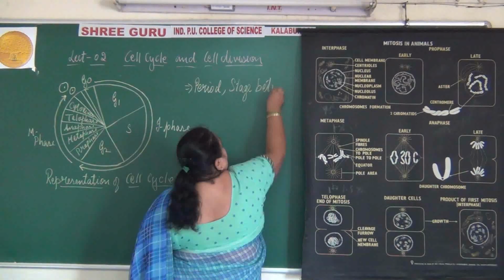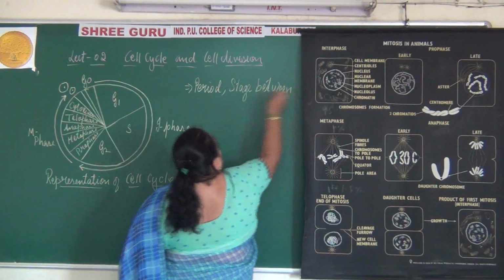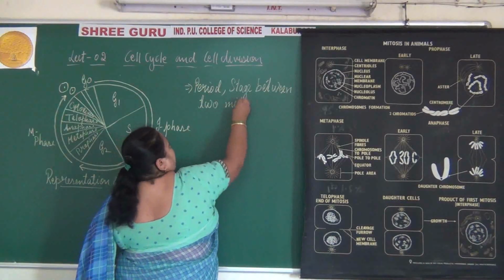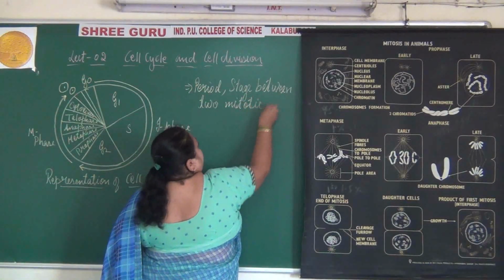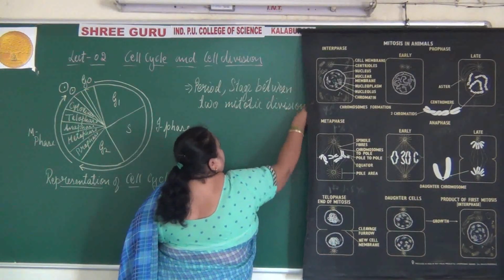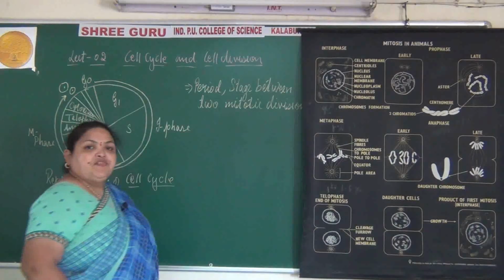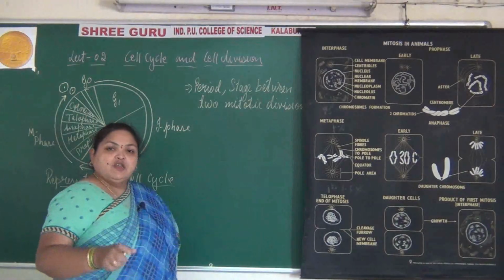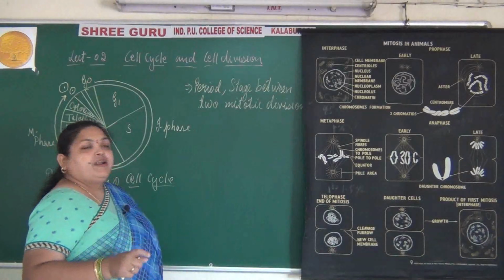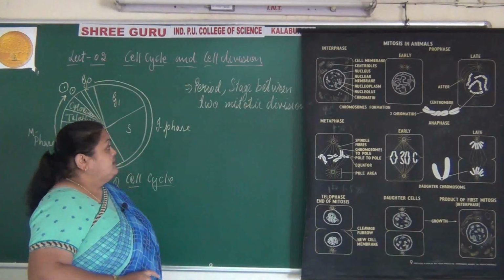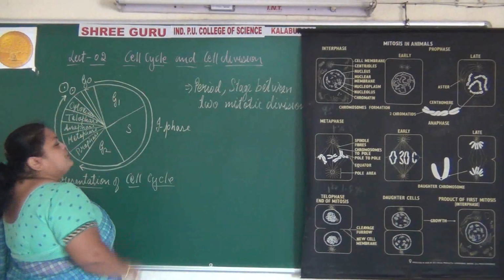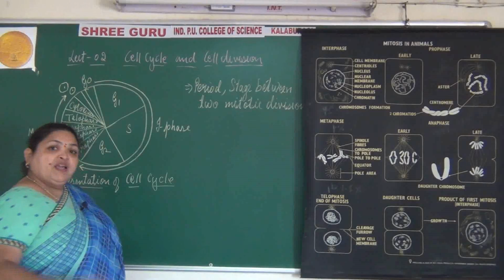Interphase is a stage or a period between two mitotic divisions. At the end of the mitosis, two daughter cells are formed.